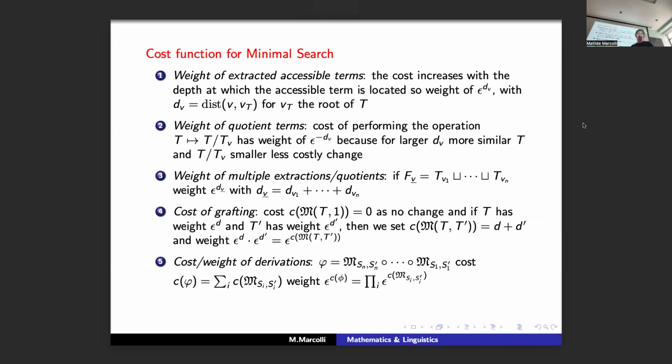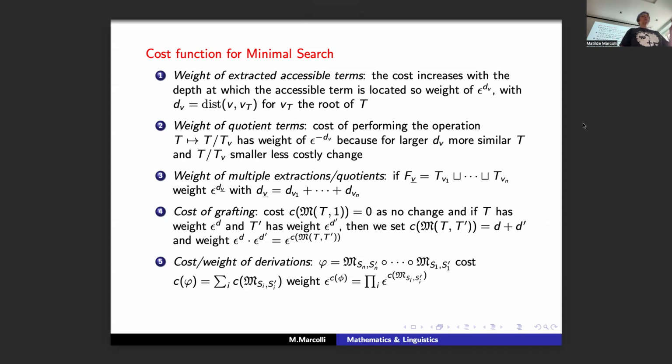Okay, so let's say if I want to say how costly it is to extract a substructure, then it makes sense to say that if I'm trying to look for it very deep down in a tree, it's a more expensive operation than if I'm just searching near the top of the tree.